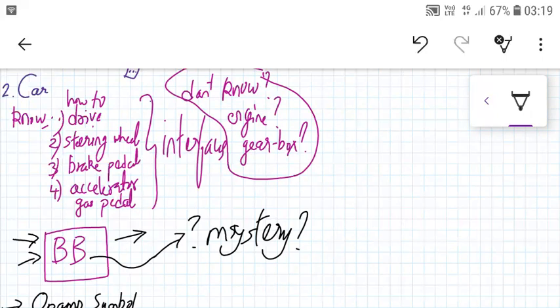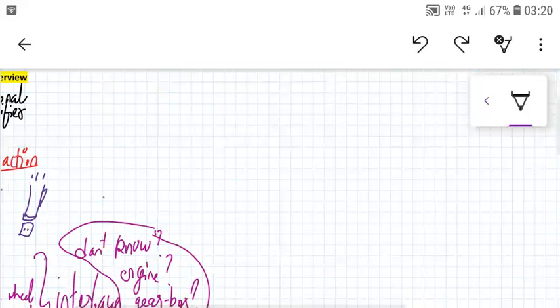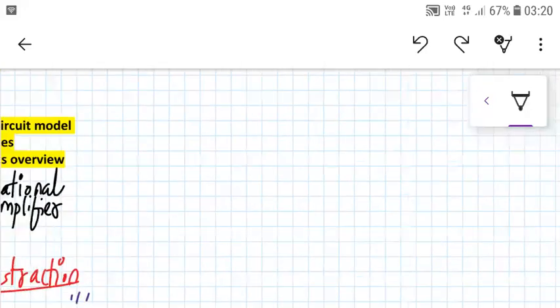Okay, so we move on to the next topic now. The next topic is the circuit model of op-amp. So let us discuss this topic over here. I will write it down over here.